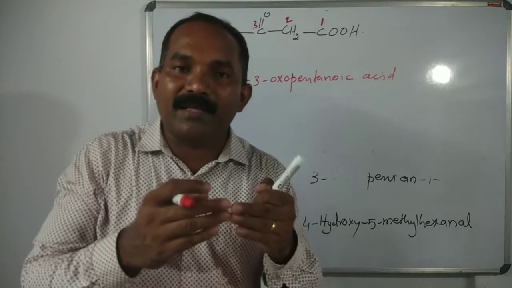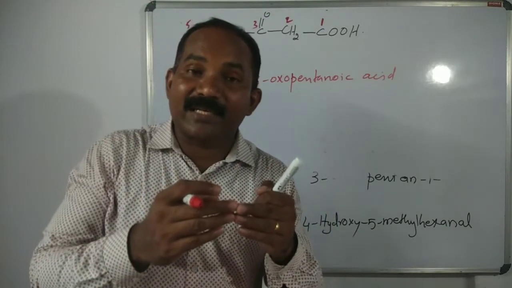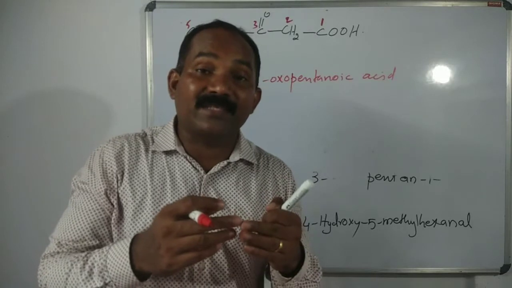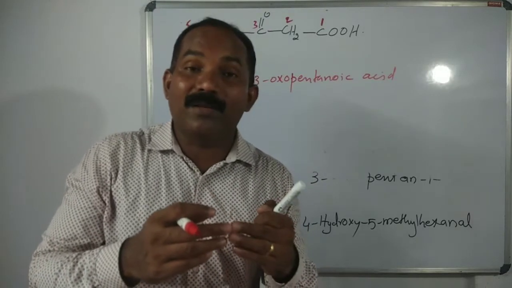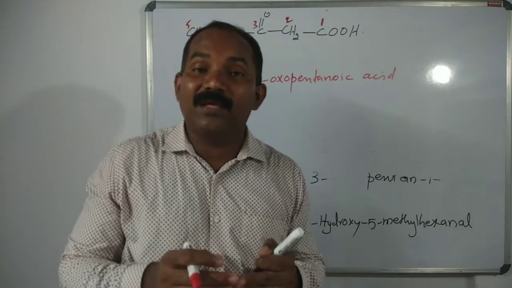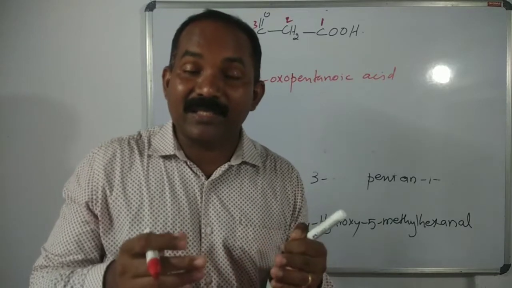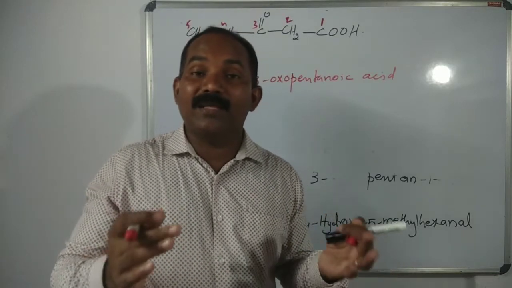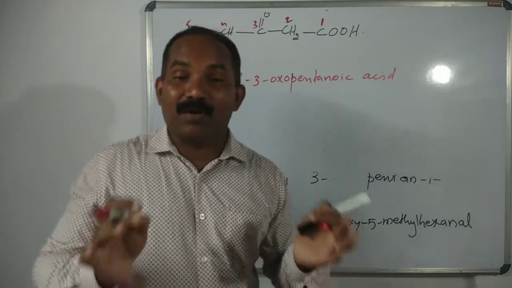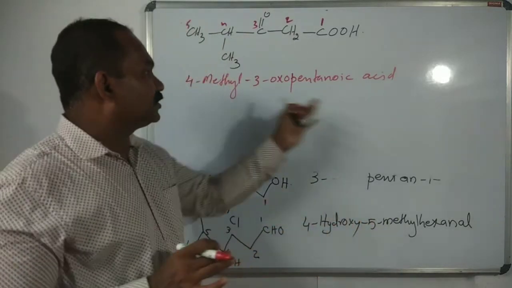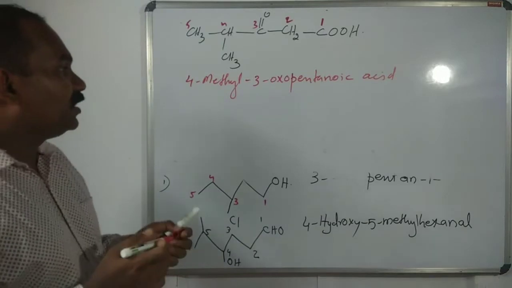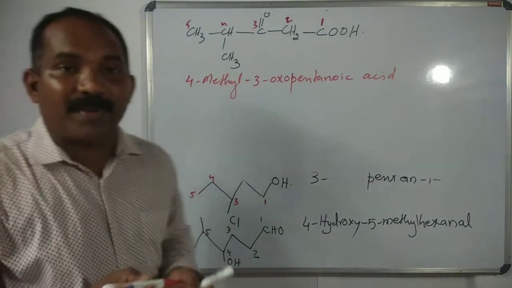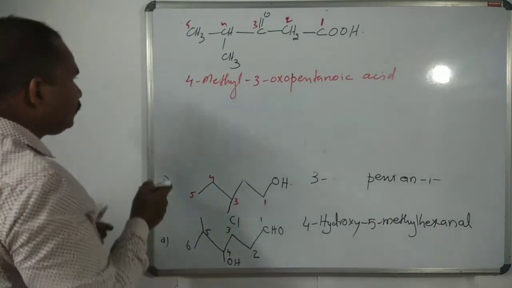While you are adding the primary and secondary suffix, if the secondary suffix starts with a vowel, the E of the primary suffix, that is the E of ANE, ENE or YNE, is dropped or removed. That's why it is 4-methyl-3-oxopentanoic acid.